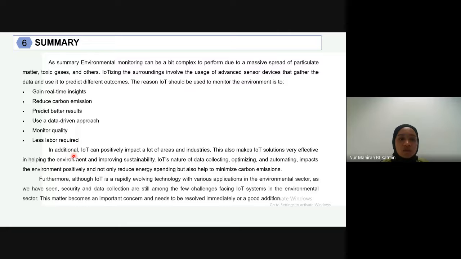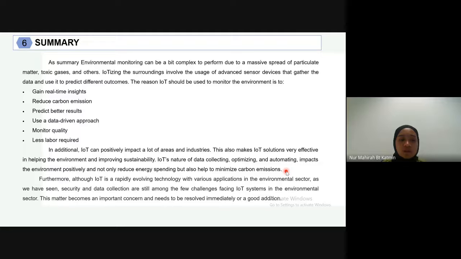To add, IoT can definitely give a positive impact on a lot of areas and industries. This also makes IoT solutions very effective in helping the environment and improving sustainability. The IoT's nature of collecting data, optimizing, and automating impacts the environment positively, and not only reduces energy spending but also helps to minimize carbon emission.